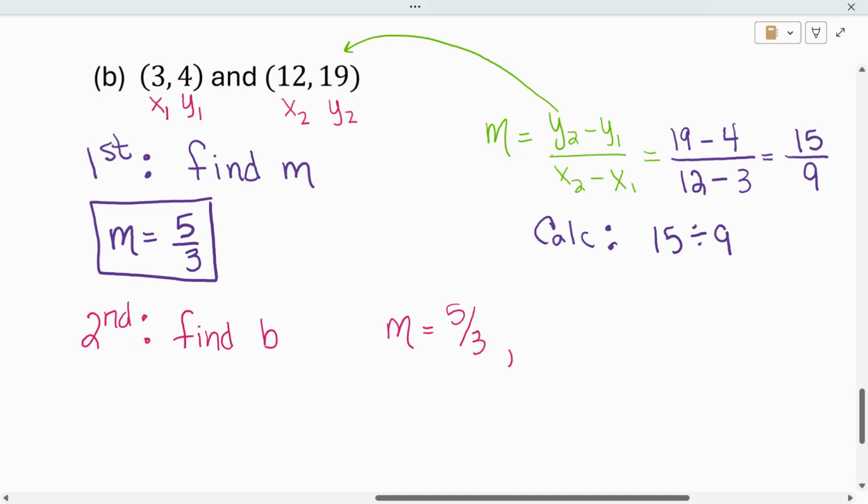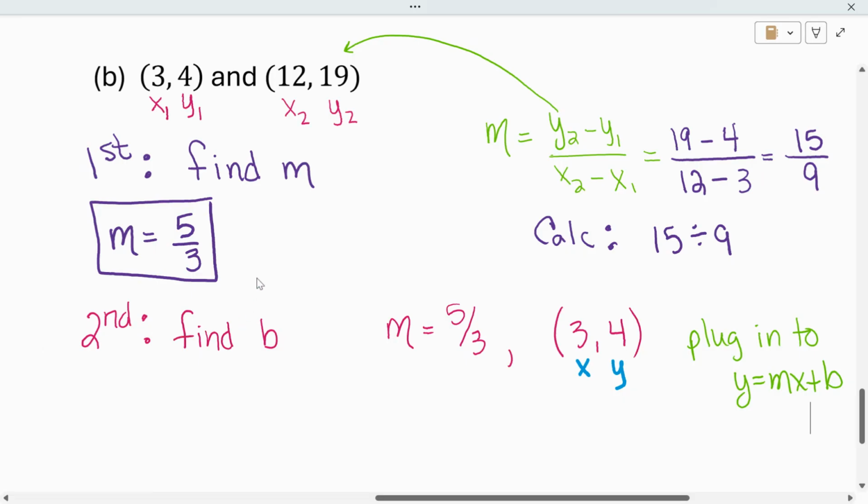Tim, what ordered pair do you want to use? 3, 4. Perfect. Lissandro, what are we going to do to that ordered pair 3, 4? How are we going to label them? Just X and Y. Good job. We're going to plug it into the equation y equals mx plus b.